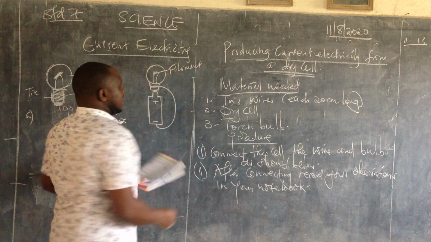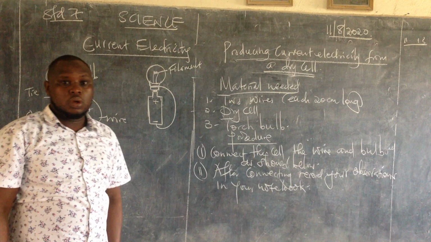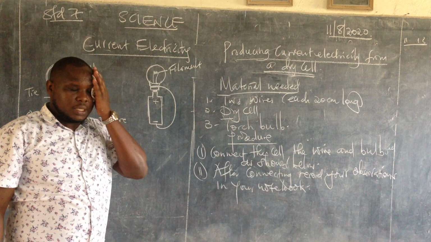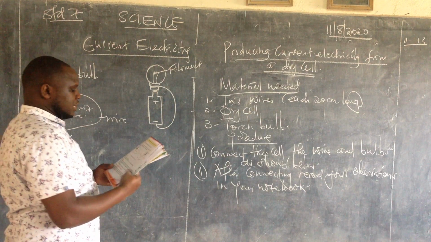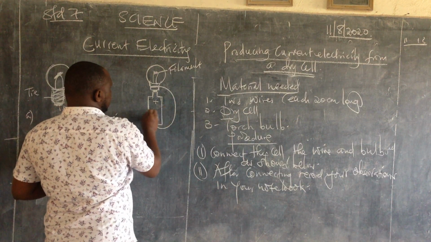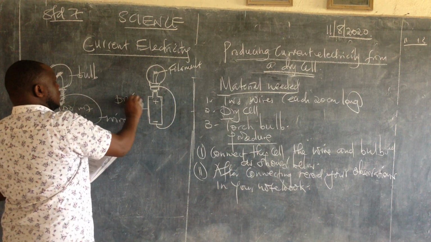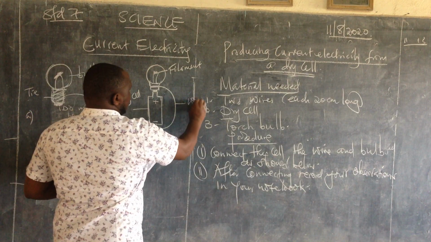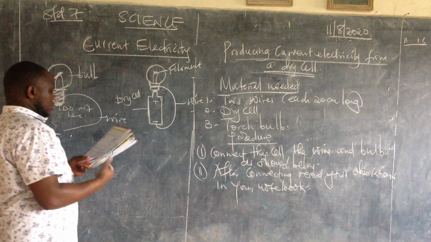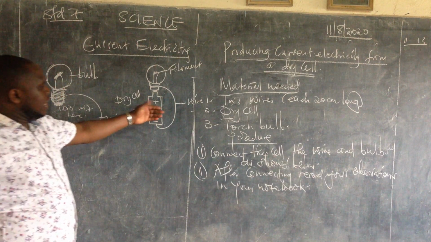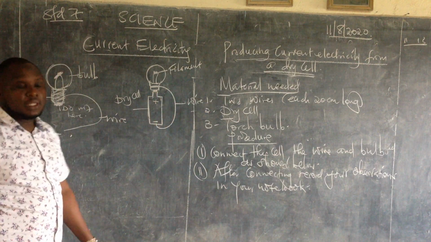Sometimes this will be brought to an exam and you are told to label the part labeled X. If you don't know the part labeled X, then you are likely to miss that question. Then this is the dry cell. Then you have the wire. Just like that, at the end of the day, this connection will look like this.